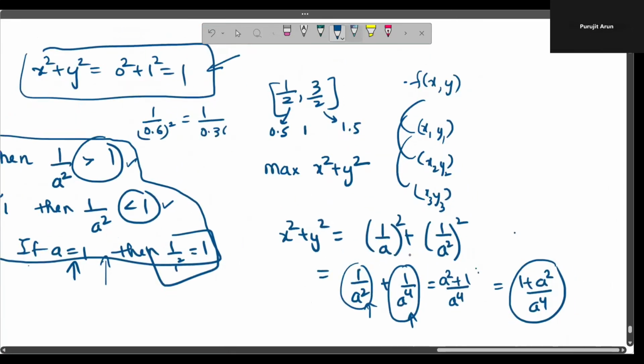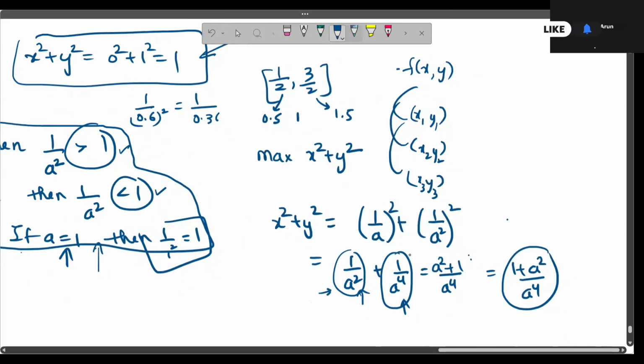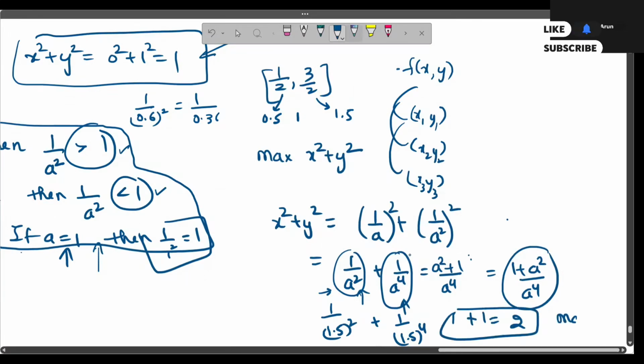The maximum is 1.5, but it will also not give you the maximum, because we have higher denominators. So the maximum is if you get a as 1, which will give you 2 as the maximum value for the function. Otherwise, it will give you lesser values, and then this 0, comma 1 will be your maximizer of x square plus y square. Is this fine? Yes, understood.